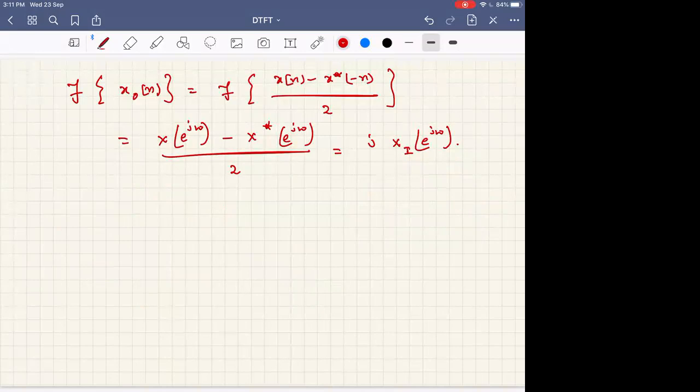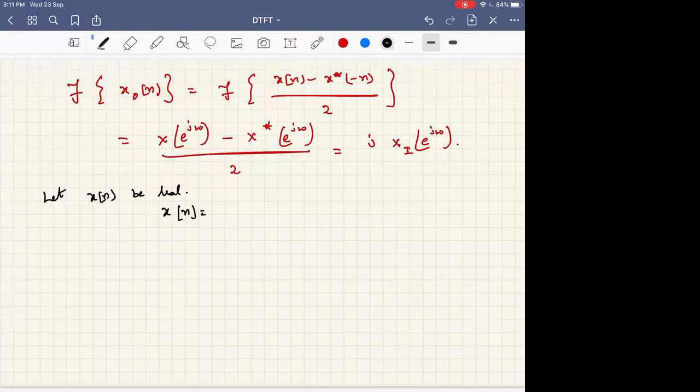So now let x of n be real. That means what? What do we mean by x of n real? X of n is real means?